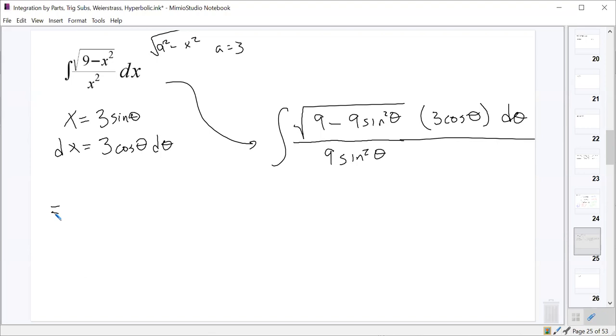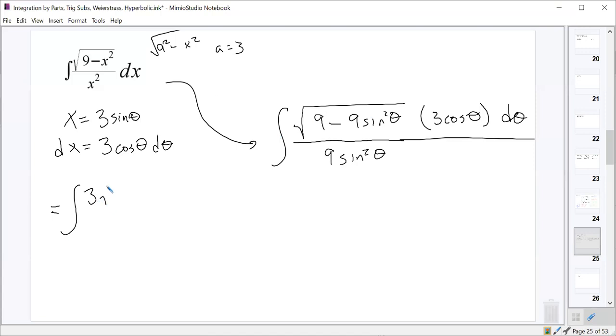So first off, we're going to start doing some of this simplification a lot more quickly soon. But for now, we're just going to write out each of the steps. So we have a 9 minus 9 sine squared theta. What can I factor out of that? 9. And if it's a square root of 9 times square root of 1 minus sine squared theta, I should be able to pull the 9 out of there, which makes it a 3.